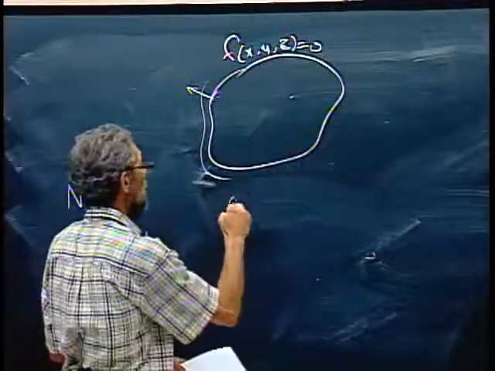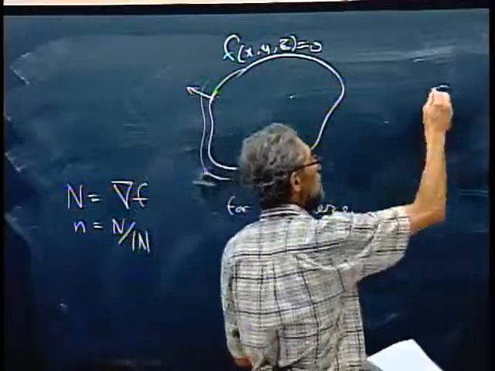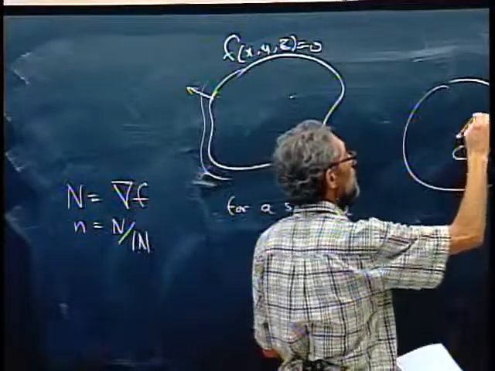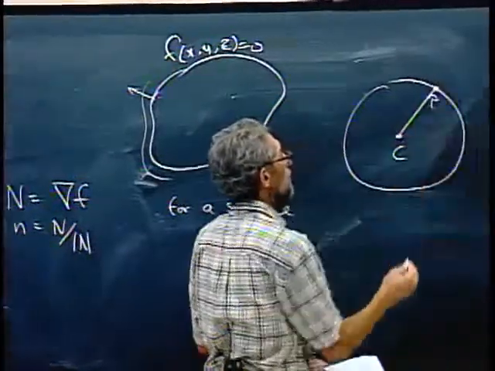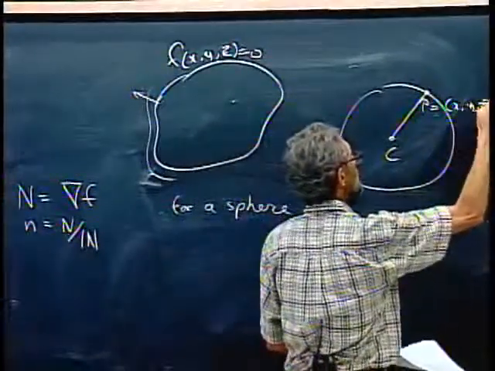So for a sphere, now we have this perfectly round sphere with a center C, and we have some point, say, P, on the surface of the sphere, which has coordinates x, y, z.